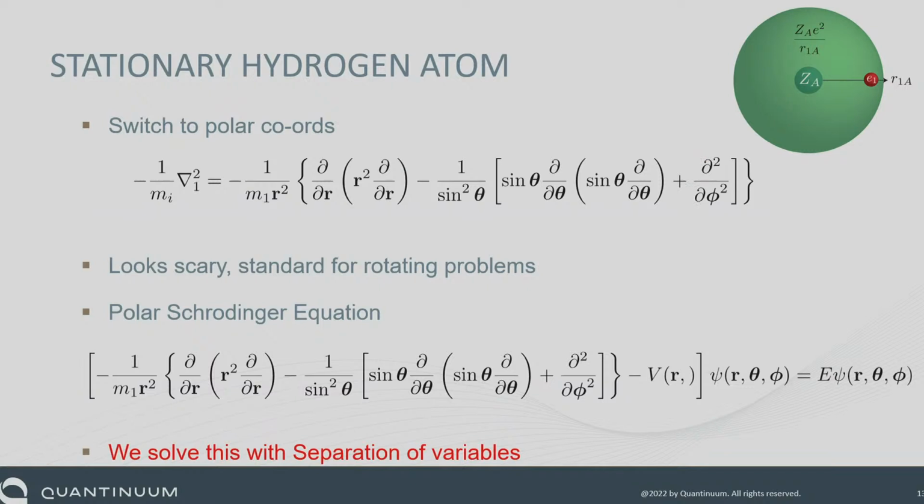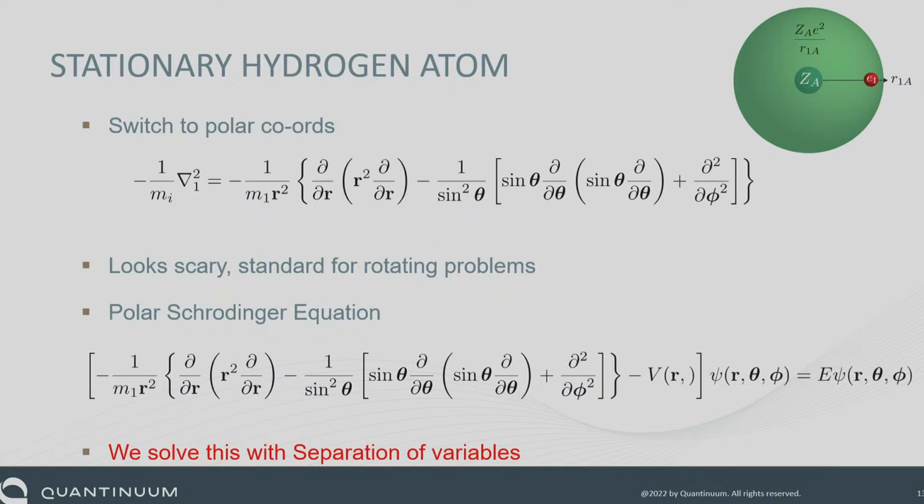Now, what this means is when you have a Hamiltonian like this, or any differential equation where you have non-interacting terms in a linear equation, it basically means that you can solve each variable on its own using a technique called separation of variables.